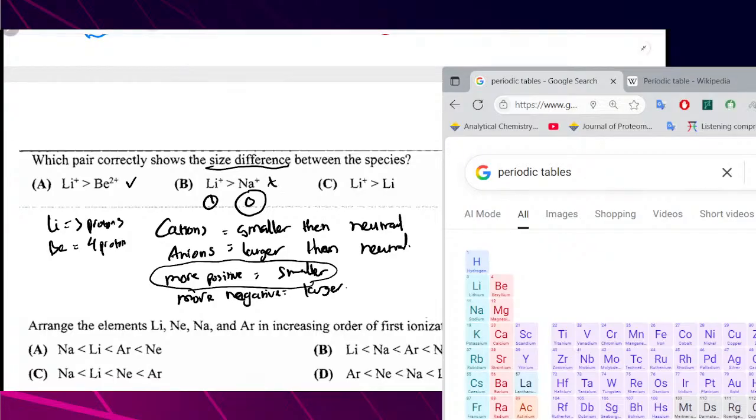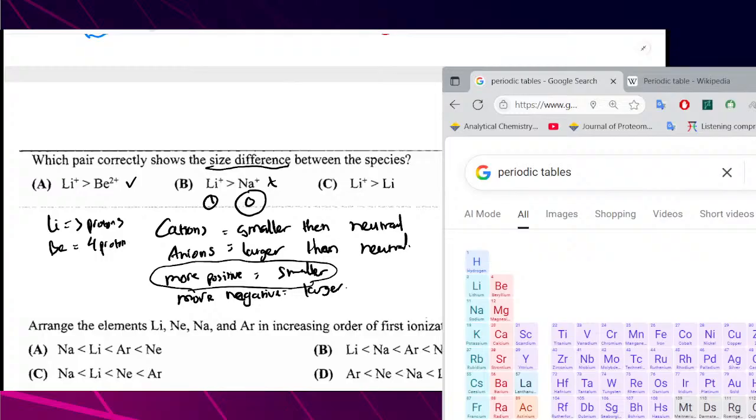And then how about lithium plus and lithium neutral? Remember, we lose an electron, so it will give you a more positive charge.